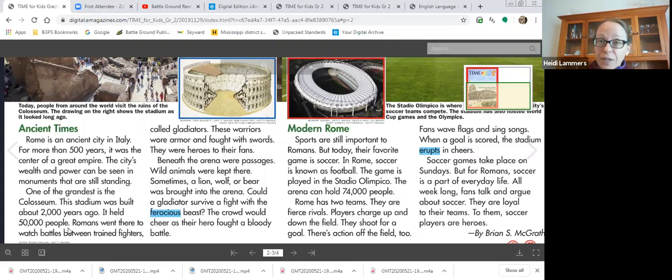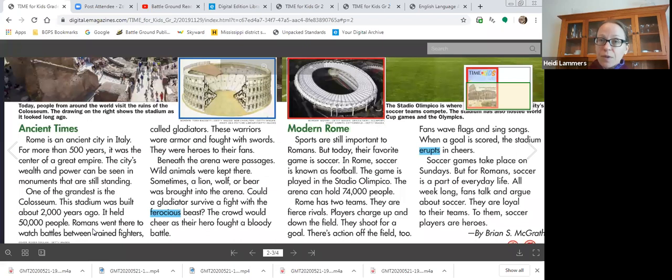That might be an interesting comparison for you to look up. The stadium was built 2,000 years ago, not 500 years. That's when Rome was so powerful. So they were powerful for 500 years around this time, 2,000 years ago.